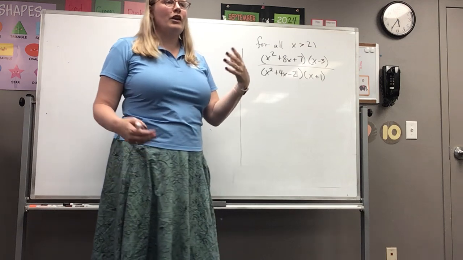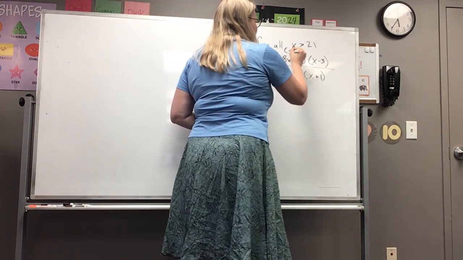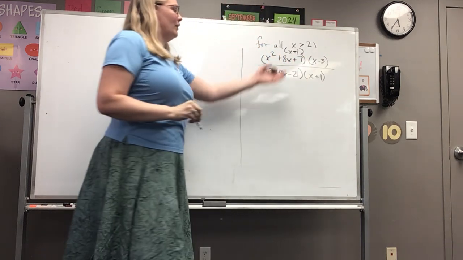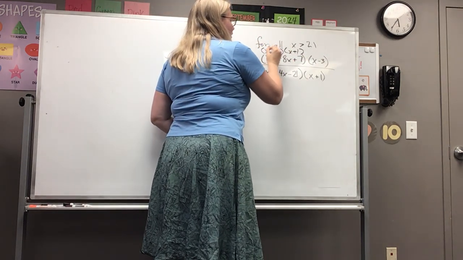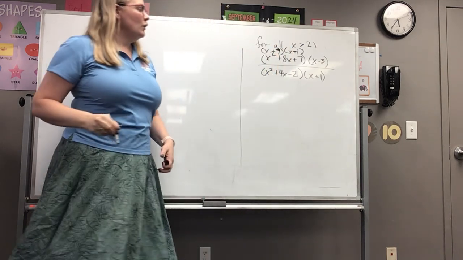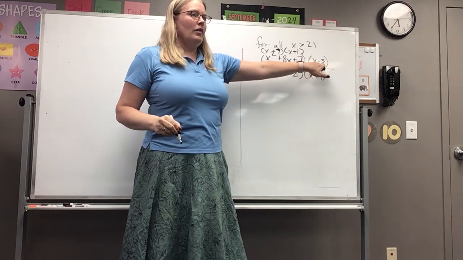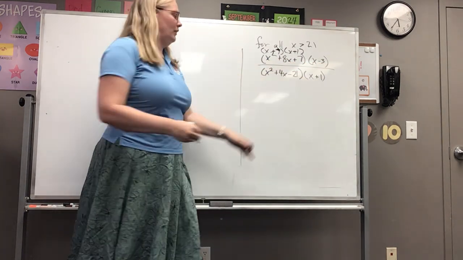You're not starting cold. You know that one of these factors is going to be x plus 1, and this one's pretty easy. The only other thing possible is x plus 8, or sorry, 7. You know that x minus 3 is going to be one of the factors here.